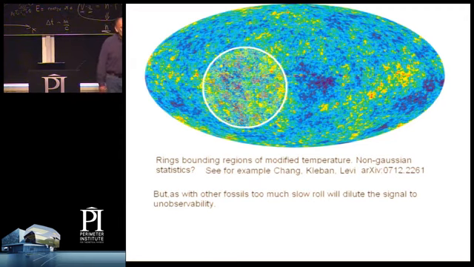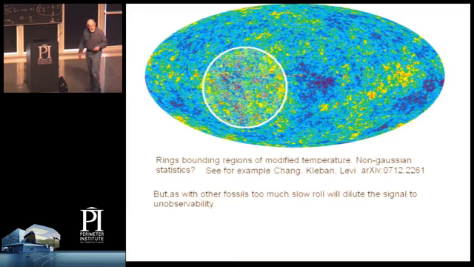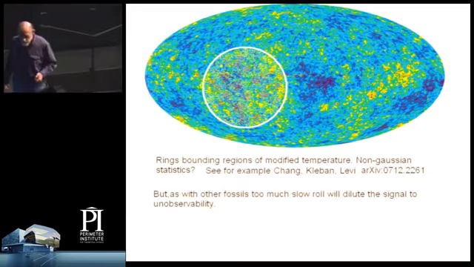They find that, if very lucky, a bubble collision might look in the sky like a ring with a cooler region on the inside, I think cooler. That would be the visual evidence of the bubble, having deposited its gravitational effect in the CMB. But again, if there was too much slow roll inflation, like all the other fossils, it'll get obliterated. So we have to hope for a miracle.